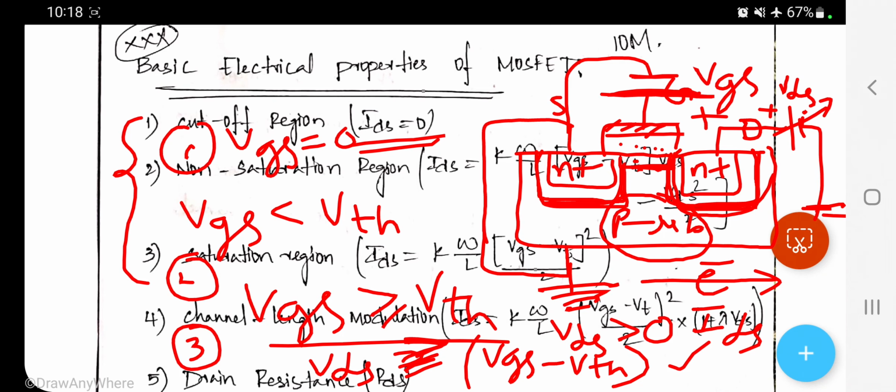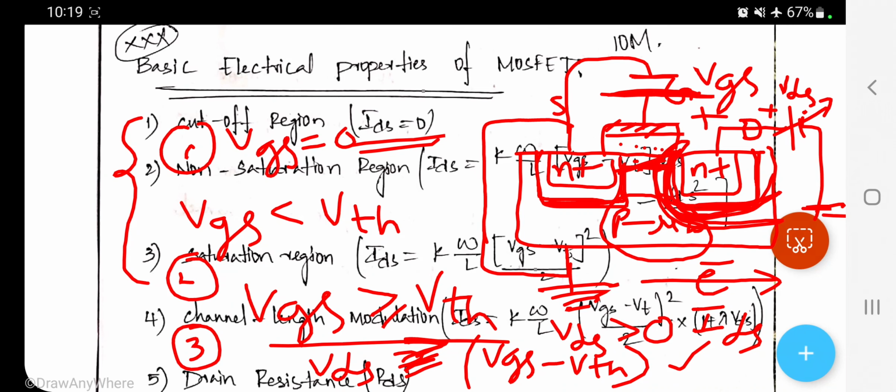And the depletion region near the drain keeps increasing, such that the channel near the drain is going to pinch off. The channel will not be present because of the increase of the depletion region. The channel is pinched off near the drain.